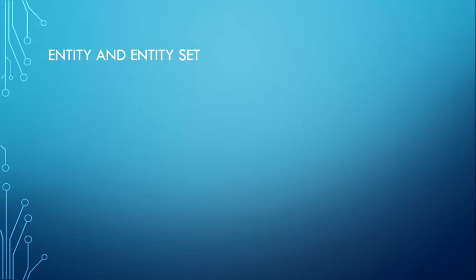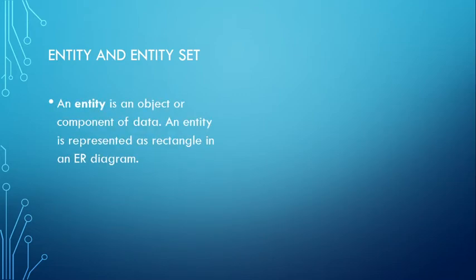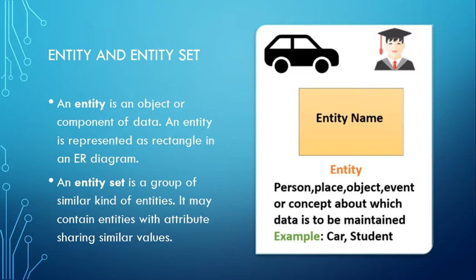What is an entity? An entity is an object or component of data. It's just an object or a component of data. An entity is represented as a rectangle in an ER diagram. Here, a car is an entity, a student is an entity.